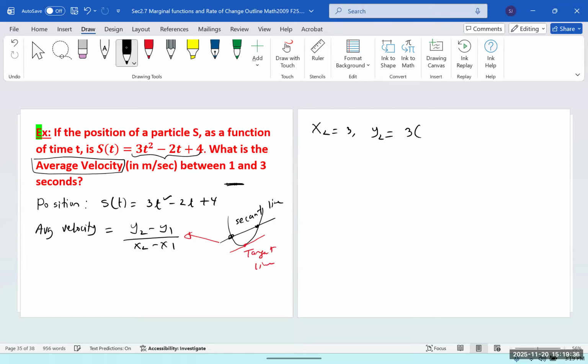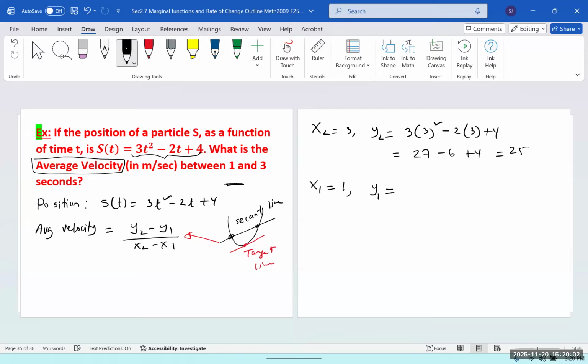So it's 3 times 3 squared minus 2 times 3 plus 4. You need to solve y1 and y2. So this is 27 minus 6 plus 4. How much is this? 25. So what is our x1? 1.